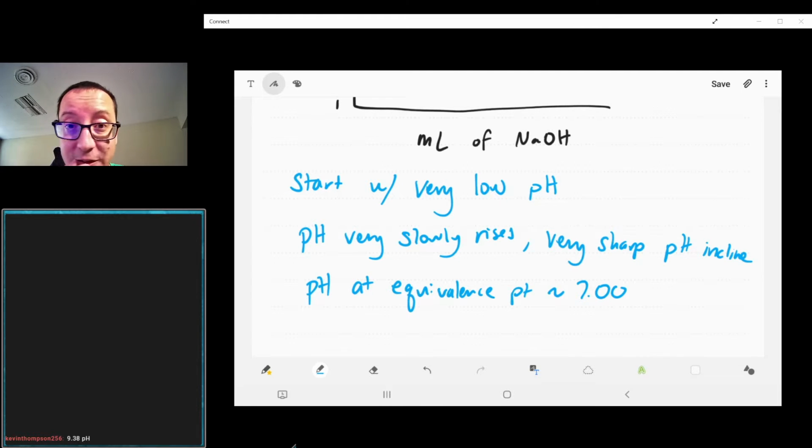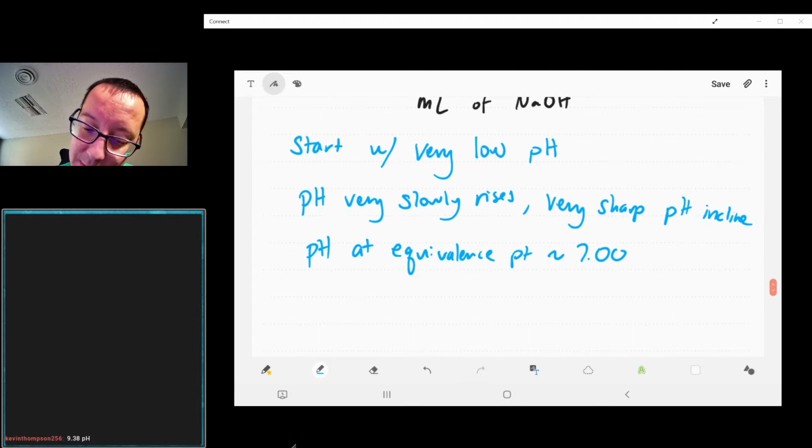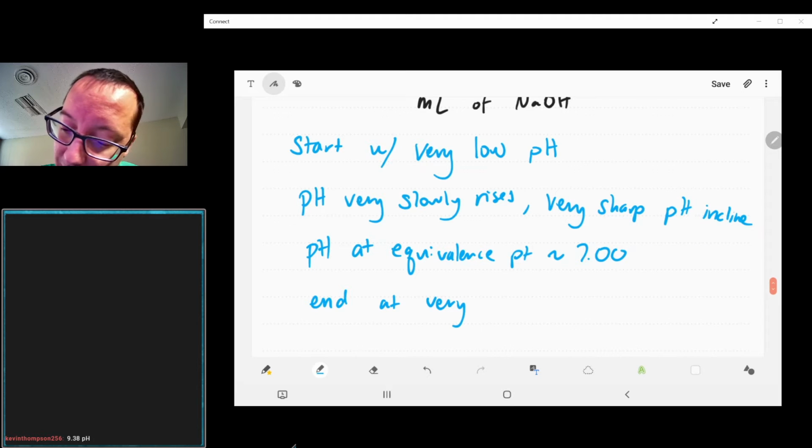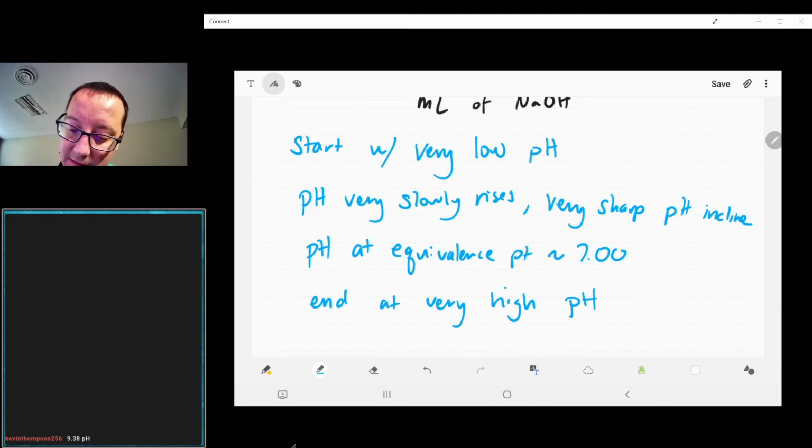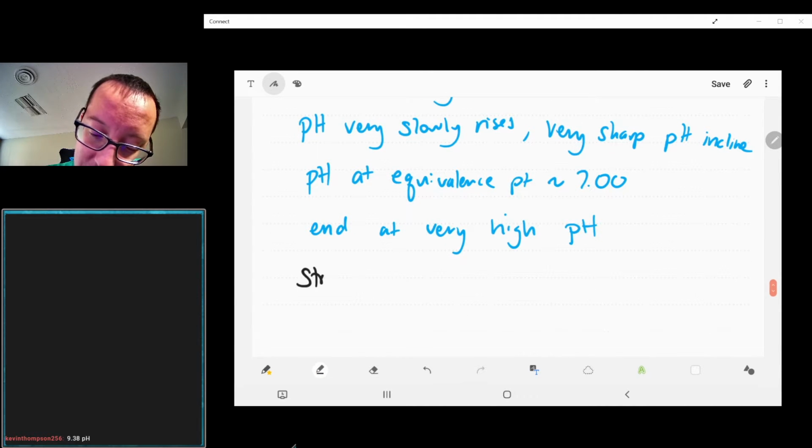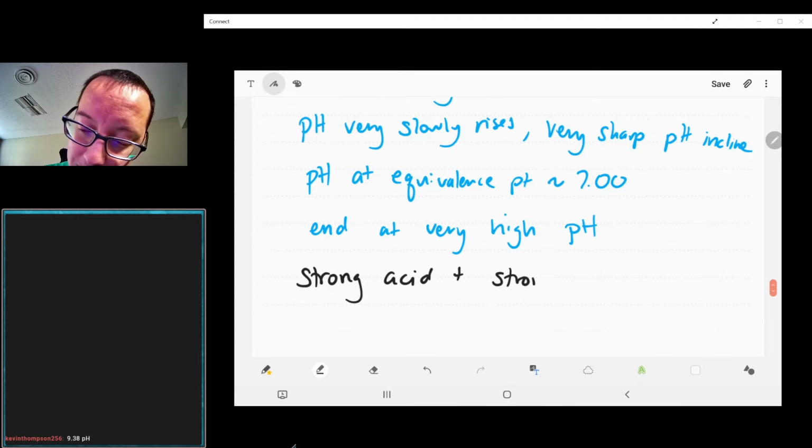Where it's going to be fairly neutral. All right, and then at the end, we end up again at very high pH with this. So this is characteristic of reacting a strong acid with a strong base.